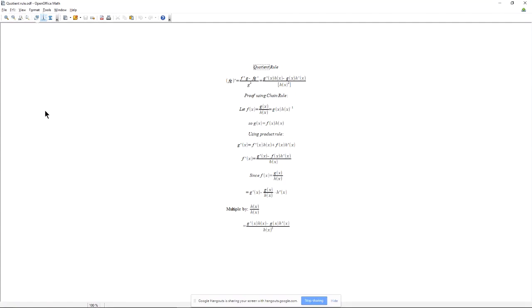You mentioned the quotient rule the other day, and I said we're going to do that afterwards. So I'm going to do that now. You can use the chain rule to get to the quotient rule. But once you get to the quotient rule, you don't have to use the chain rule for it anymore, obviously. It's proven.